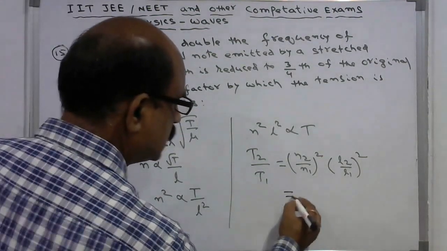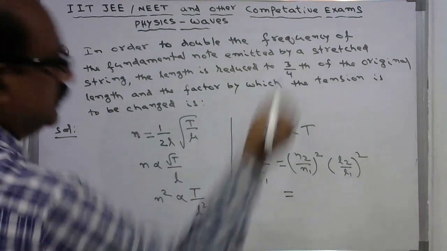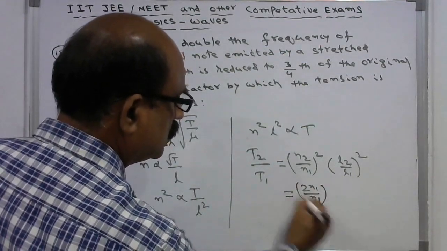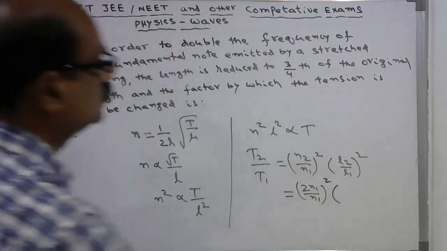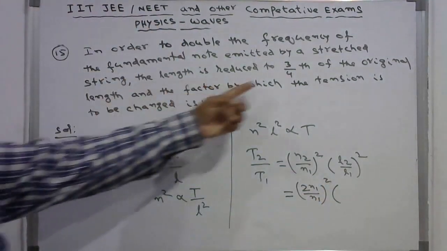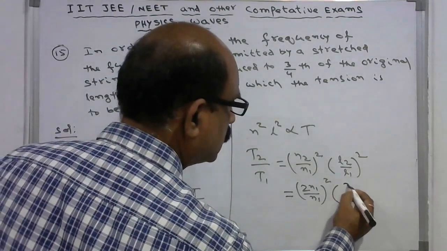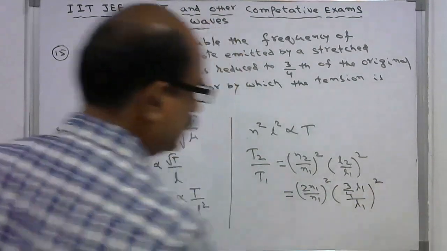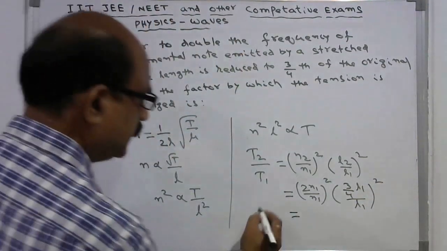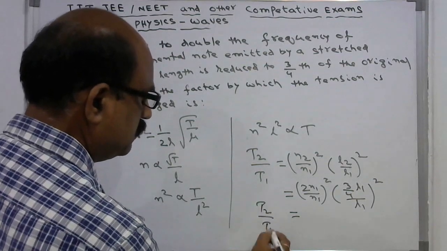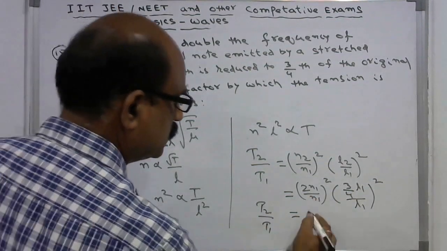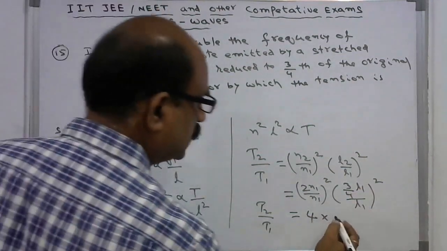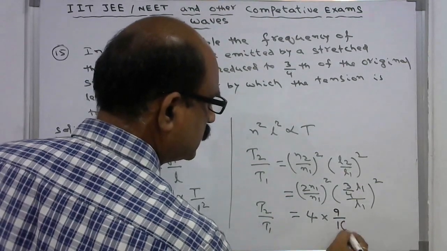Now the frequency is doubled. So this becomes 2N1 by N1 whole square into, as the length is reduced, 3/4 of L1 by L1 whole square. So T2 by T1 is equal to, N1 cancels, 4 into 9 by 16.